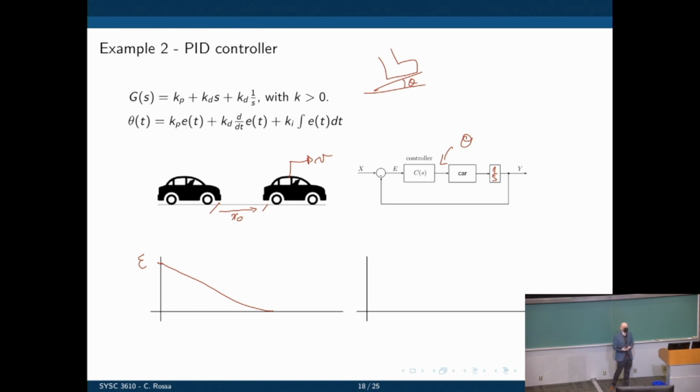How do we fix this? With an integral gain. The integral gain will make it such that we are actually considering this area as well. And the integral gain, once we reach 0 here at t0, will slowly increase, and when you reach t0, it's constant.